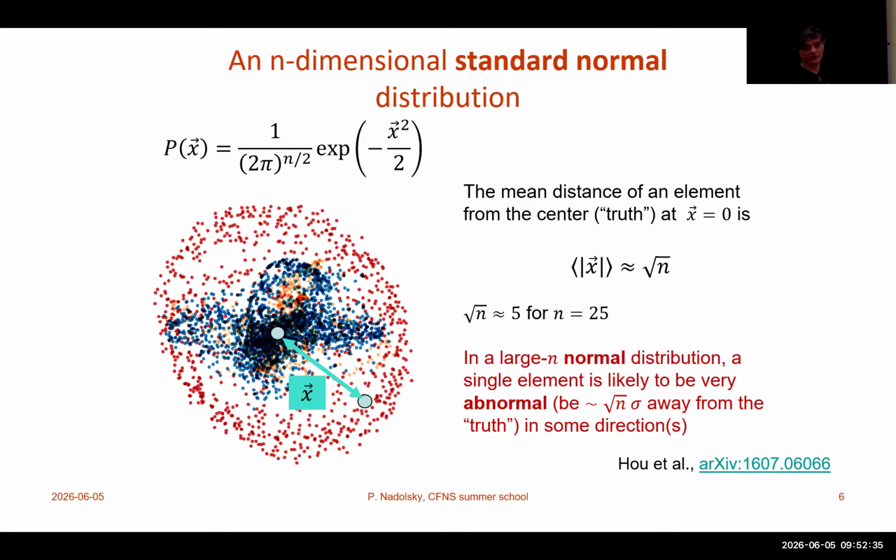So let's say you would like to sample your PDFs using Monte Carlo sampling with the resampled data. Well, most of the fits to the resampled data will be very bad fits to the central, to the published data because of this effect, because most of those replicas, or 1,000 replicas, will be square root of the number of parameters away from the best fit.